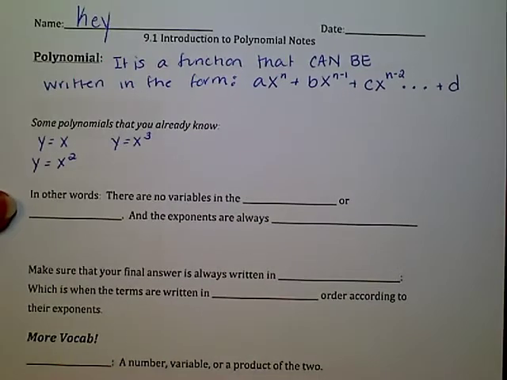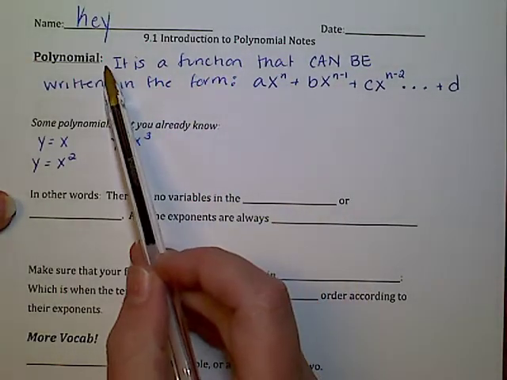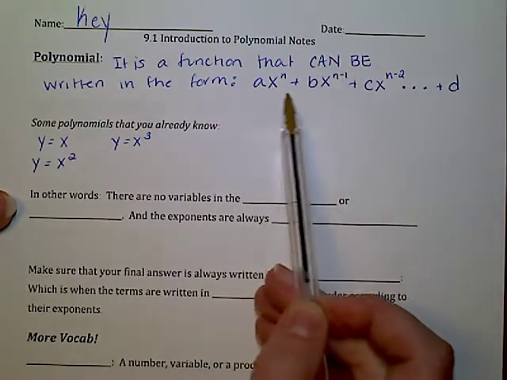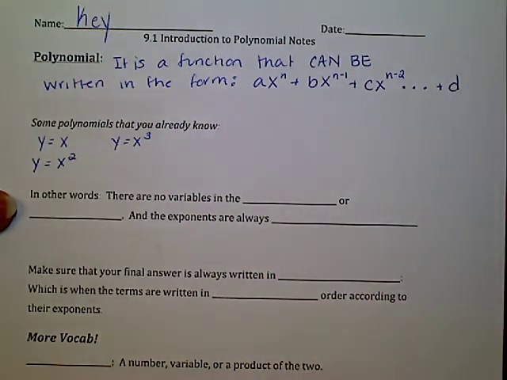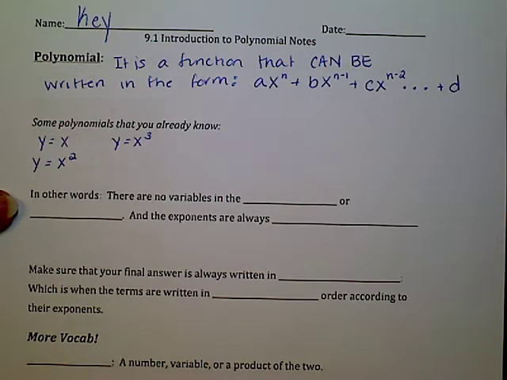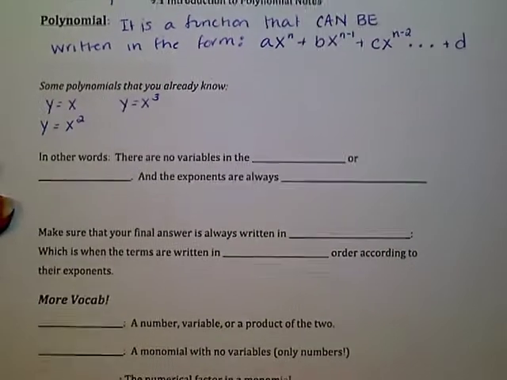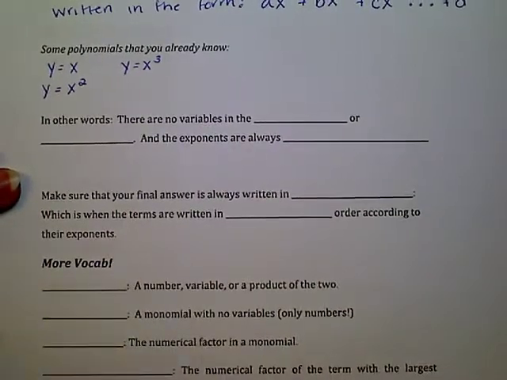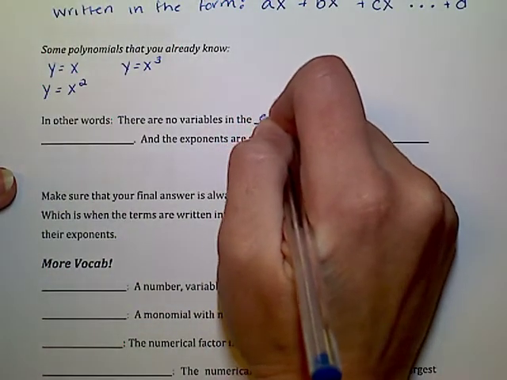Now, up here in the definition, I said that a polynomial can be written in this form. It's not always presented to you in that form. A lot of times it is. But if we could write an equation like that, that means we've got a polynomial. Now that means, in other words, there are no variables in the exponent.